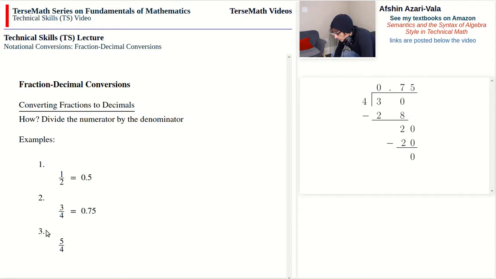If you have an improper fraction, like 5/4, then the whole part will not be 0 because 5/4 is more than 1. An improper fraction is either equal to 1, that's when you have something like 4/4 or 3/3 or 10/10, or it's more than 1.